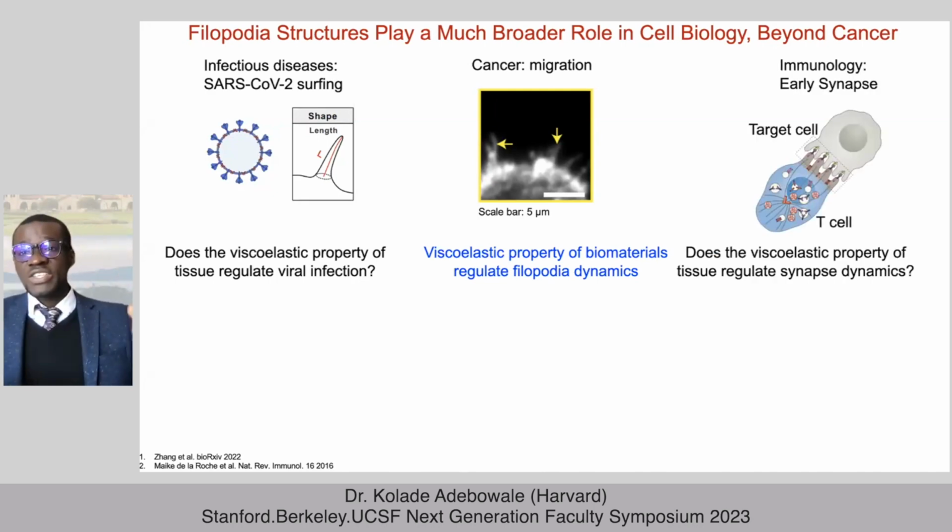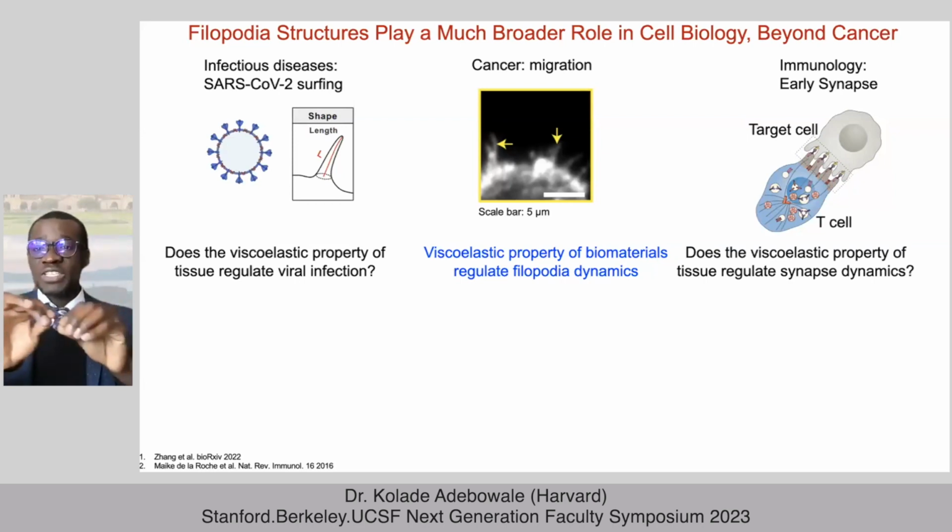Furthermore, when a T cell forms an immunological synapse with a target cancer cell, these filopodia protrusions are also involved in the very early stages of this process. So this raises a question: does this viscoelastic property also regulate immunological synapse dynamics?